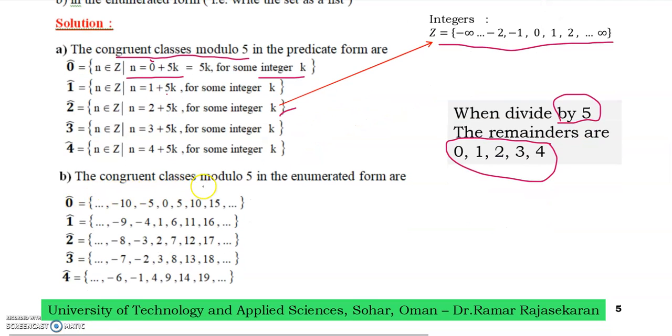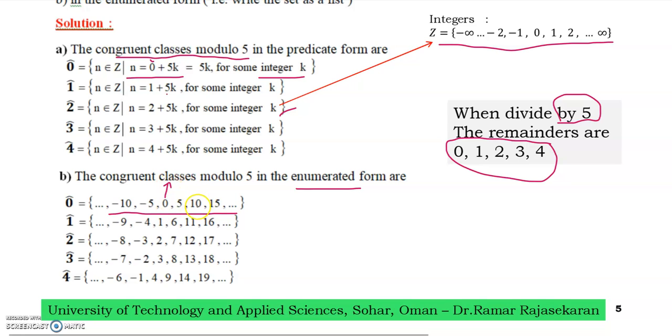Now how to write the congruent class modulo 5 in the enumerated form? You have to list all the numbers. We know 0 class, 1 class, 2 class, 3 class, 4 class, but how to write these numbers? In the 0 class you write the key element, that is 0, in the middle.